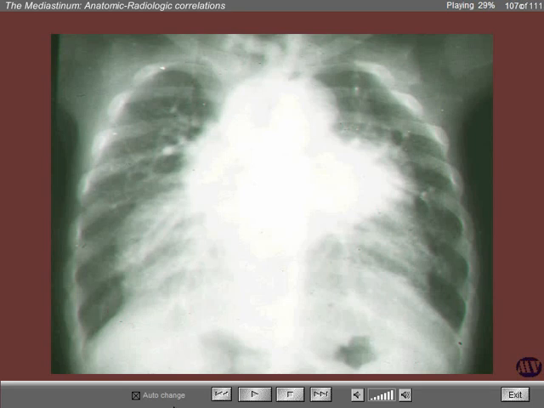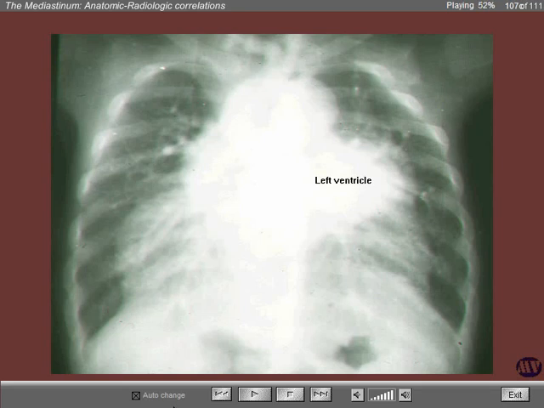So when I reported this to Dr. Hope, he said, well, I don't believe that this baby has a diaphragmatic hernia, and certainly the baby does not have a bowel atresia, so something very unusual is happening in the mediastinum. And an angiocardiogram then was ordered. The angiocardiogram revealed that the left ventricle was in its usual location, that is to the left of the midline, that the heart was not the prominent shadow that we saw on plain x-rays.